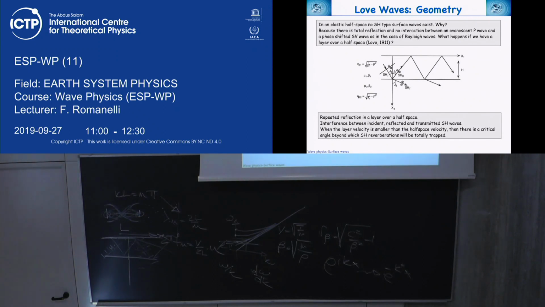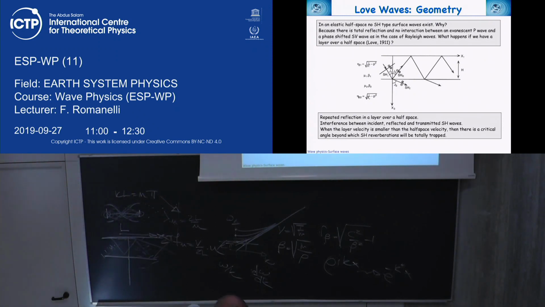For the plate, that was perfect. All the energy is trapped here in the plate. Free, free, rigid, rigid, whatever, all the energy is trapped there. In a low velocity layer over half space, who is deciding how much energy will be trapped there? The impedance contrast.